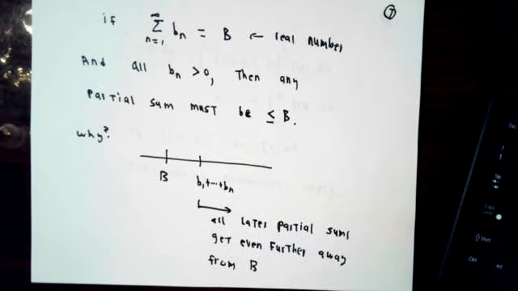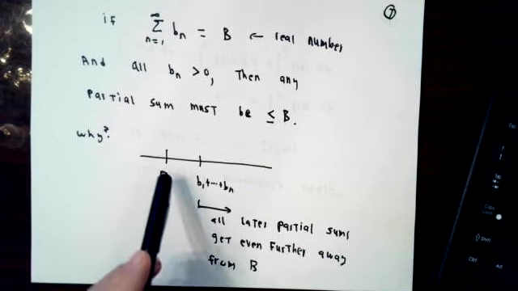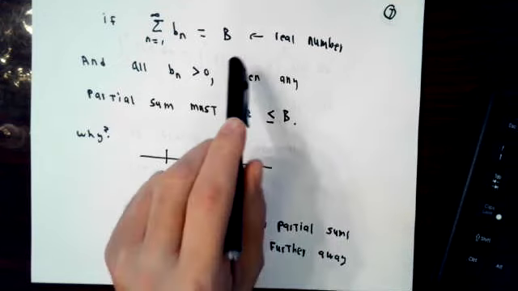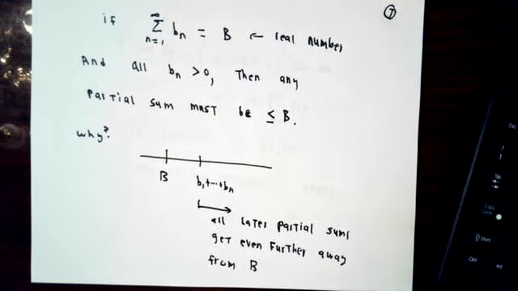You're going to get further away from capital B, and there'll be no way for the partial sums to get close to B anymore. So if you're adding up a bunch of positive things, and the infinite series converges to some particular number, then all partial sums have to be smaller than the value of the infinite series. That has to be true.